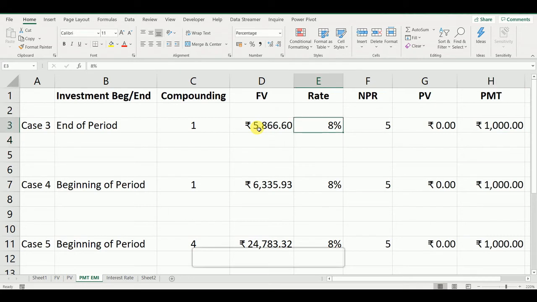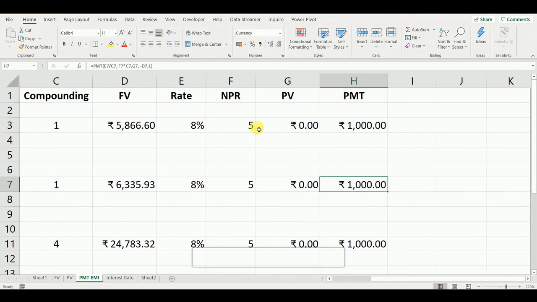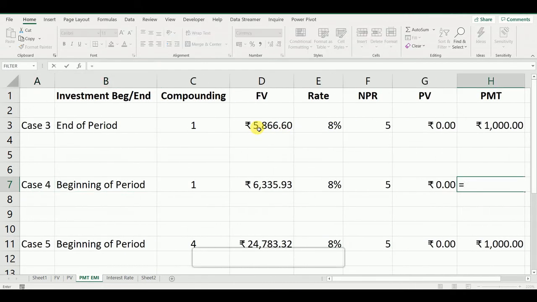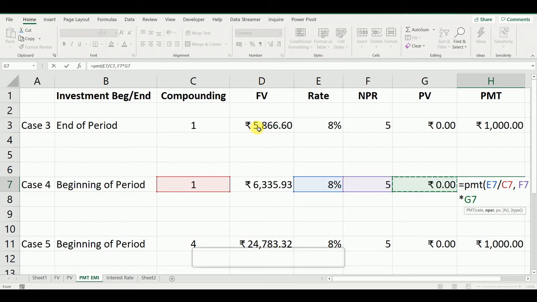So in our next case, if we want to invest at the beginning of the period, here our formula will be PMT. So here we will select interest divided by compounding, number of periods into compounding.